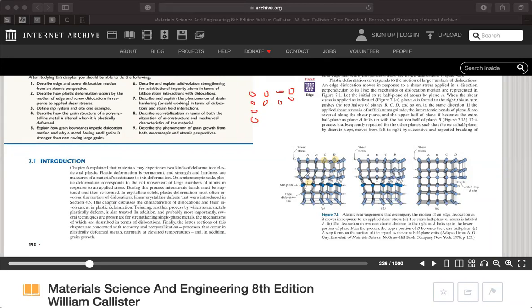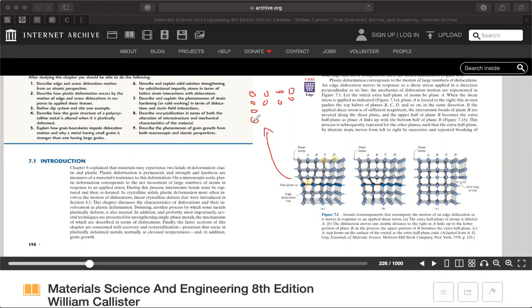So if you compare what's happening around the dislocation with the perfect crystal material, you can see clearly that in the perfect crystal the atoms are positioned in their equilibrium position, which can guarantee equilibrium interatomic spacing between the atom and its neighbors, right?